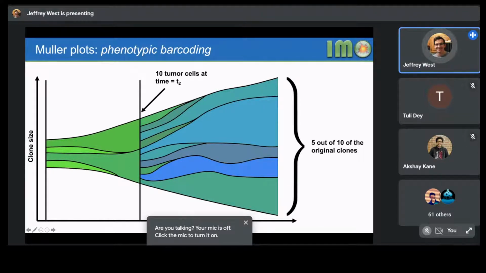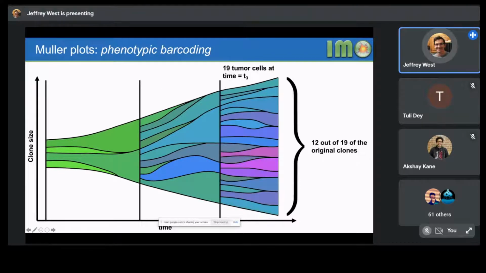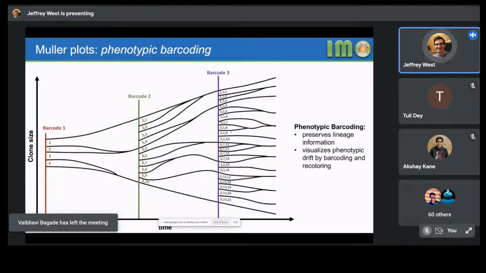So these cells came from this green phenotype, but they have drifted through phenotypic drift to new phenotypes. So we can do that again. We can recolor the subsequent evolution over time. And this is important because we can show the phenotype as well as preserving the lineage. So it's essentially barcoding over time.